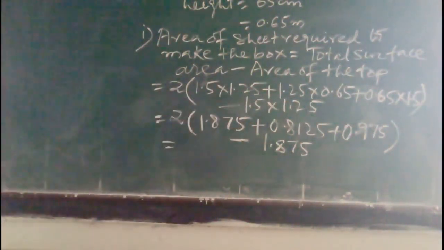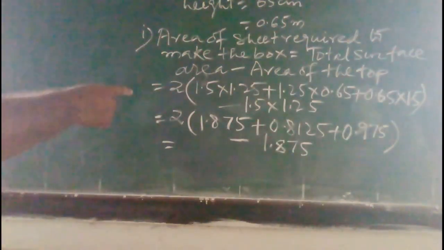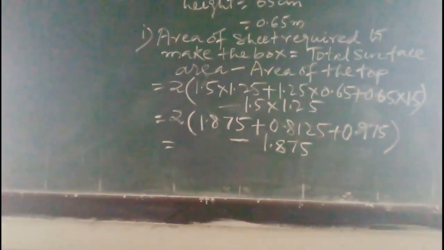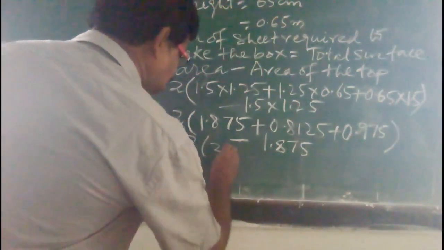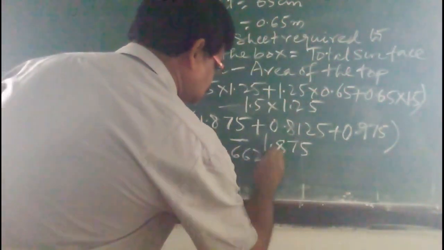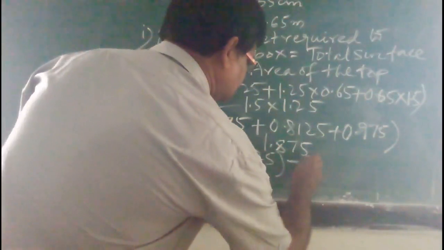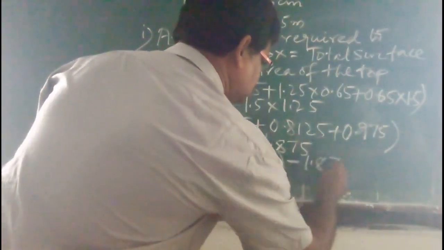Now add all these three. So 1.875 plus 0.8125 plus 0.975, which is equal to 3.6625.